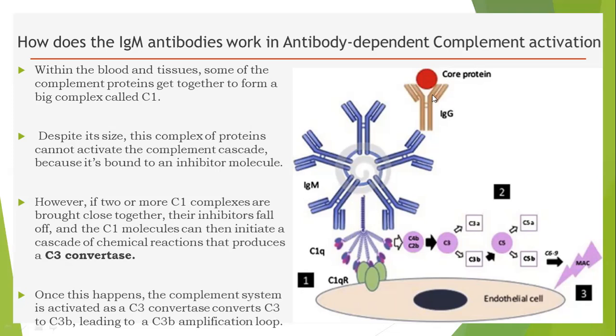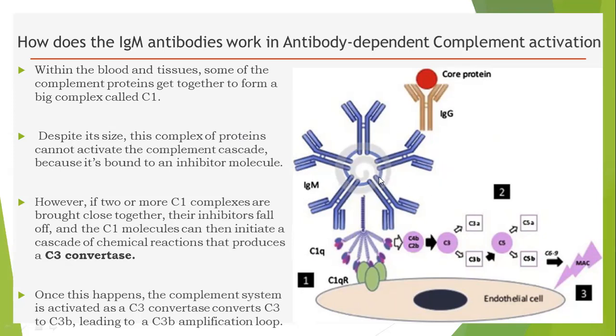So as you might remember, when we covered the complement system within the blood and tissue, some of the complement factors get together to form a big complex called C1. Despite its size, this complex of protein cannot activate the complement system because it is bound to an inhibitor. Due to the unique structure of the IgM molecules, this C1 molecule is able to bind to the constant regions of the IgM molecule.